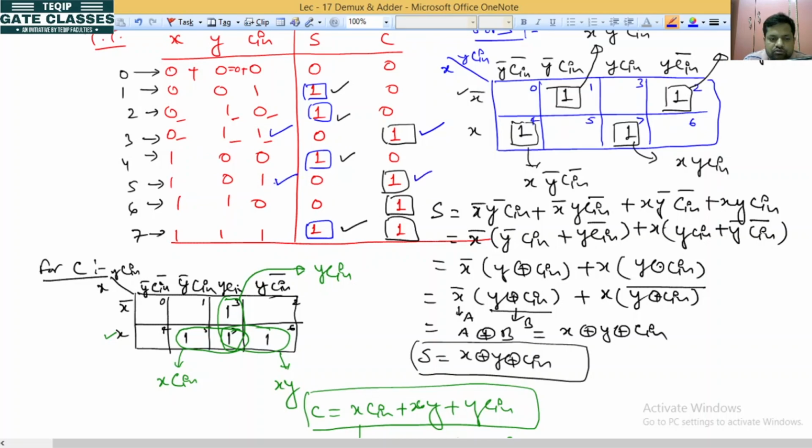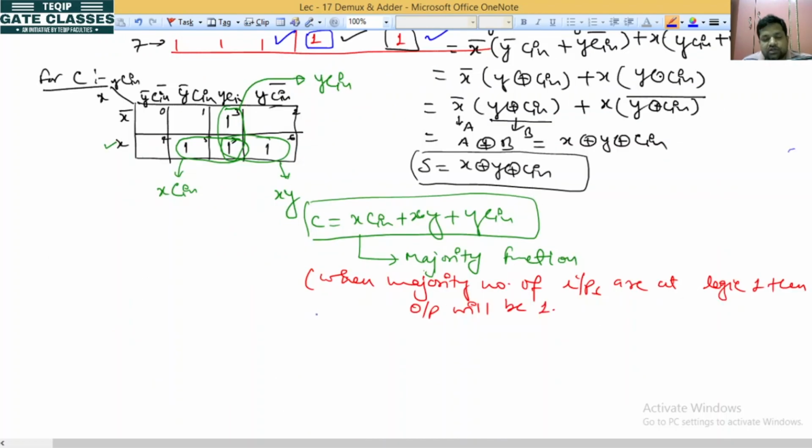In this case also 2 ones, 1 zero. Again in this case also 2 ones, 1 zero. In this case we have 3 ones and 0 zeros. 0 कितनी बार है? 0 times. है ना? So in these 4 cases we have output as 1 because majority number of inputs are at logic 1. Okay, that's why the carry in the full adder is called majority function.